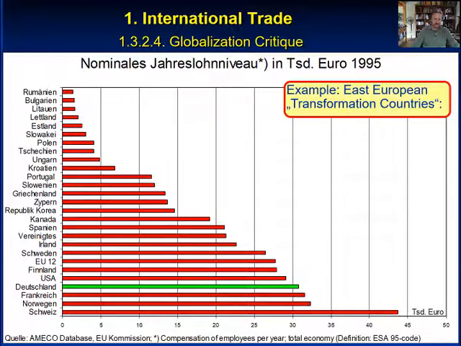Clearly, the wages of East European countries in 1995 had been much lower than the wages of developed countries. The country with the lowest hourly wage rate in the year 1995 had been Romania.